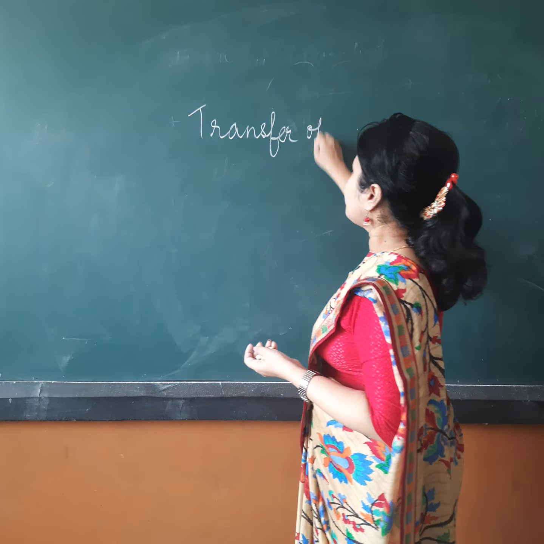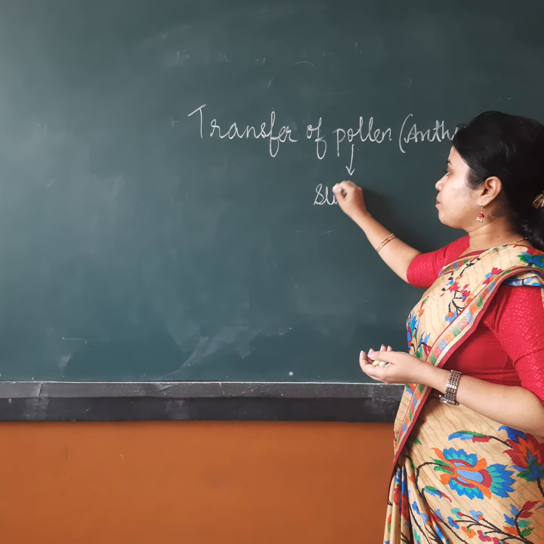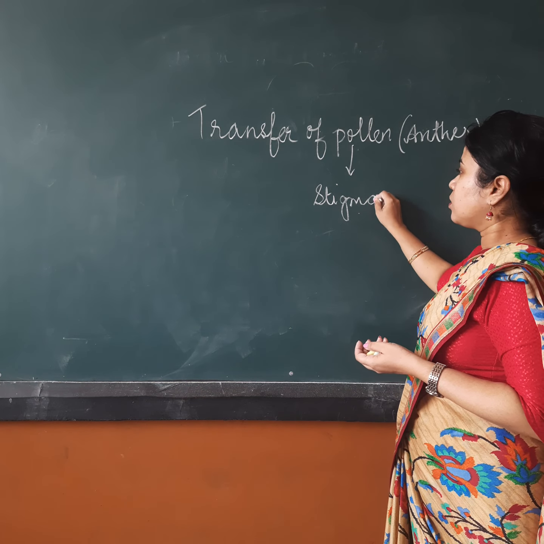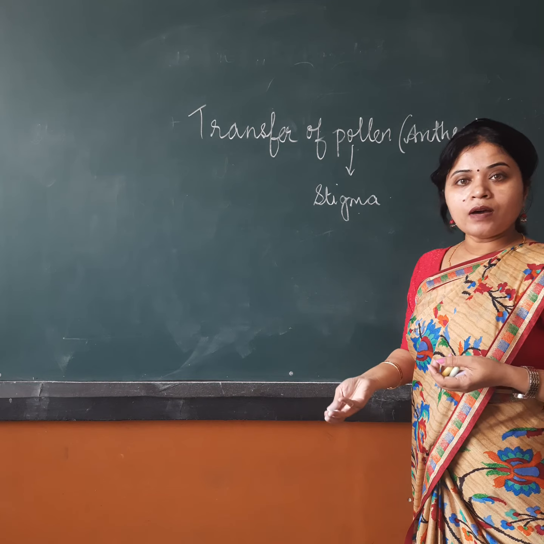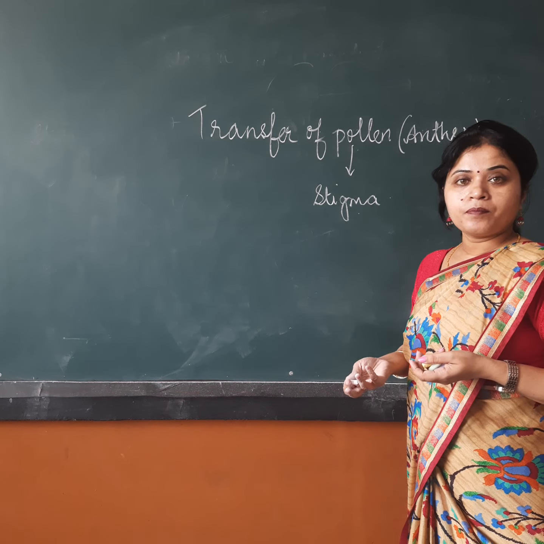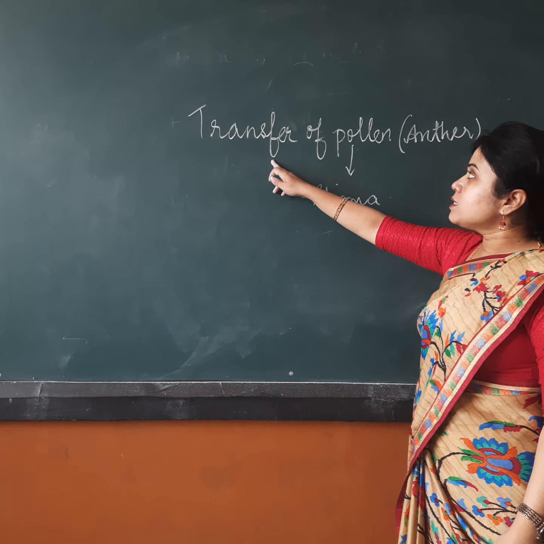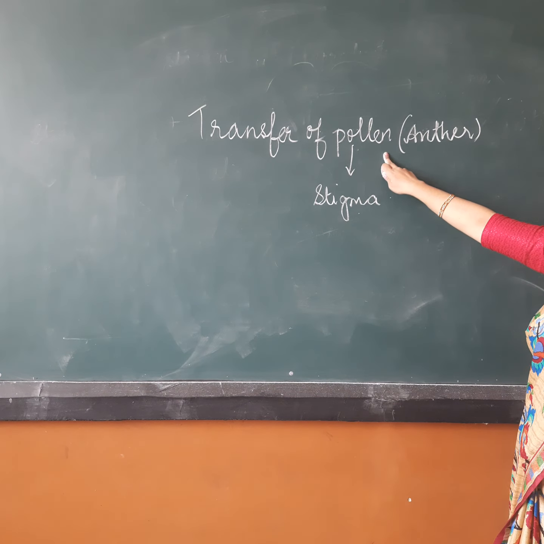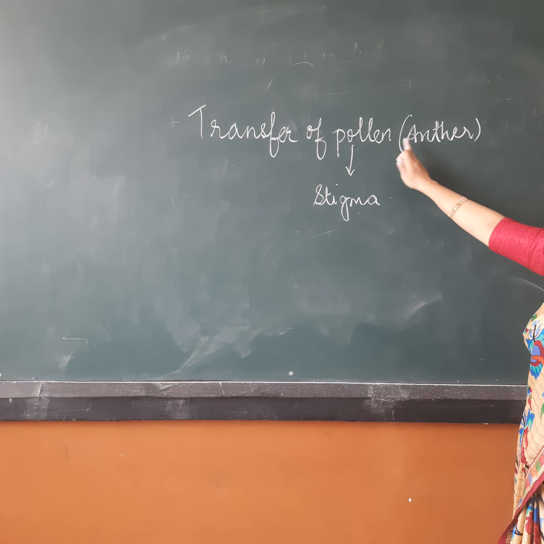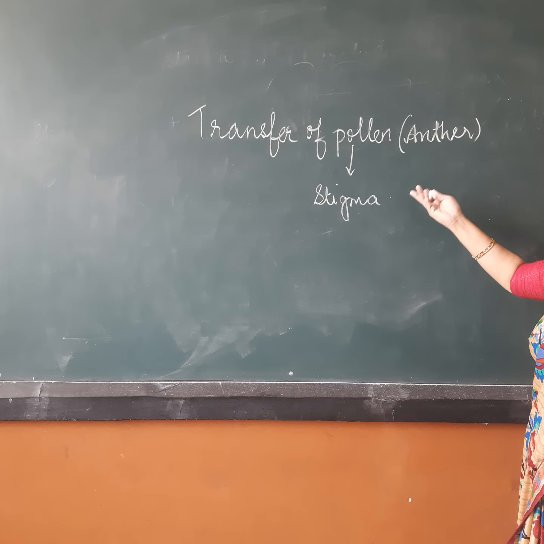The pollen is present in the anther. So it is the transfer of pollen from the anther to the stigma of the same flower or another flower. Clear? So pollination means the transfer of pollen grains from the anther to the stigma.